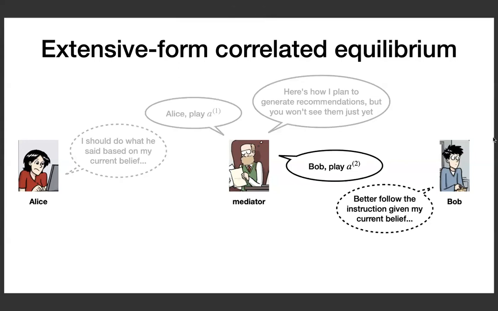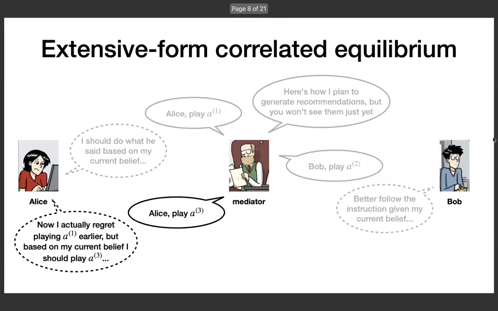So the game proceeds. We are in state 2. The mediator tells Bob to play action A2. And again, because this is an equilibrium, Bob is willing to play action A2 because it's the best course of action for Bob. And the game proceeds. We are in state 3. The mediator tells Alice to play action A3. Now, there's something tricky that happened, right? Alice now actually regrets playing A1 earlier.